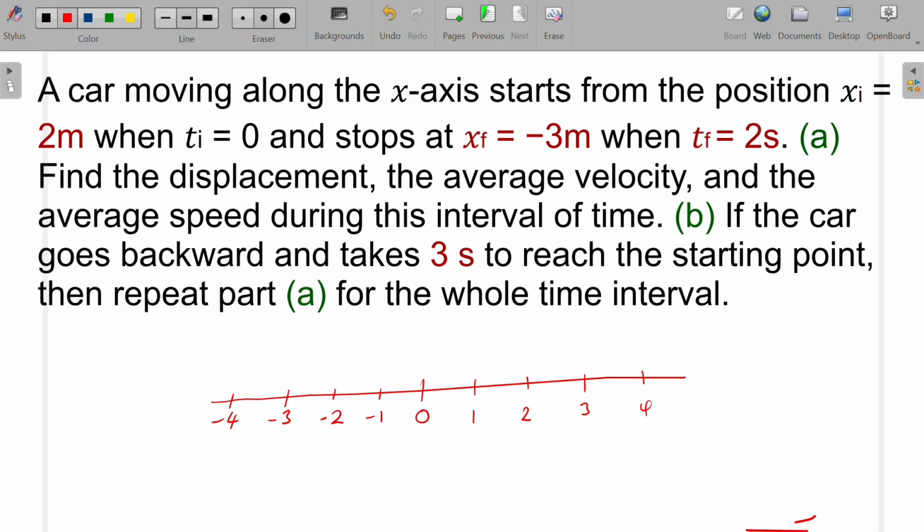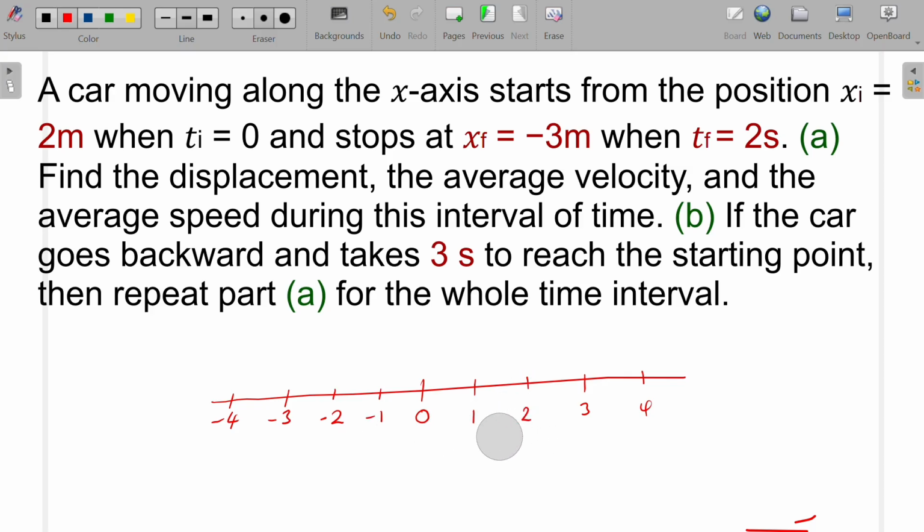All right. So what we are told here is the vehicle is starting, when time is equal to 0, at a position of 2 meters here. Then when time is equal to 2 seconds, its position has changed from 2 to -3. So in other words, the movement of this car is from the positive to the negative.